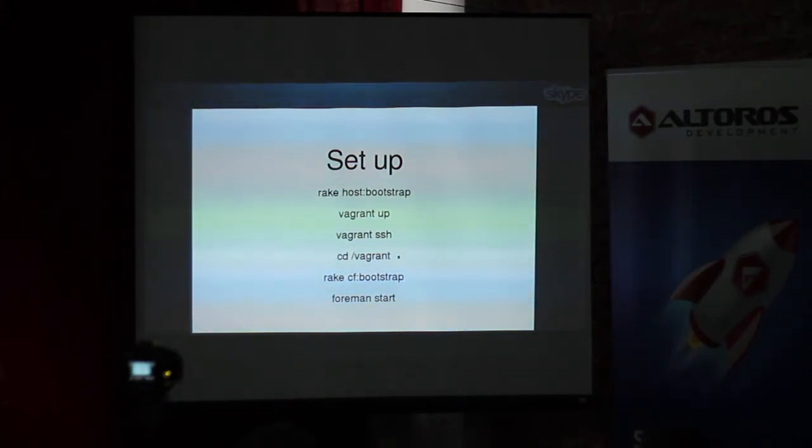After that, go to the Vagrant folder inside the Vagrant machine and run the command rake cf:bootstrap. This command will take about 30 minutes. It will install all the required dependencies like gems and libraries. After that, you will be able to start up Cloud Foundry itself with the command foreman start.